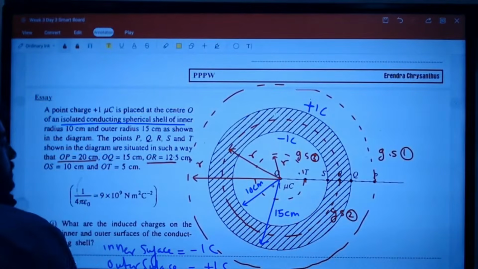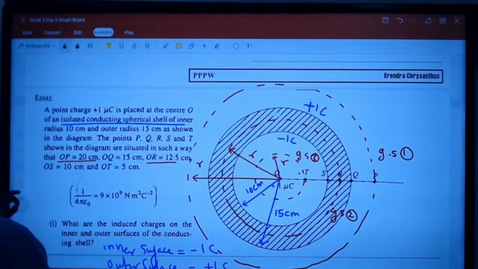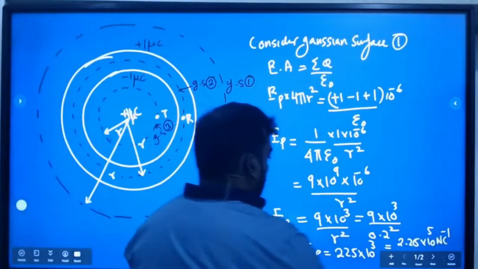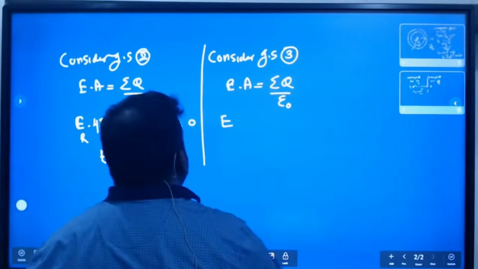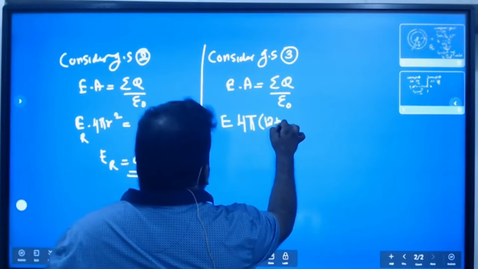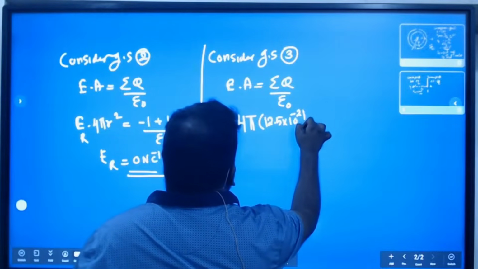OR is 12.5. 4 pi, 12.5 centimeters converted to meters squared.